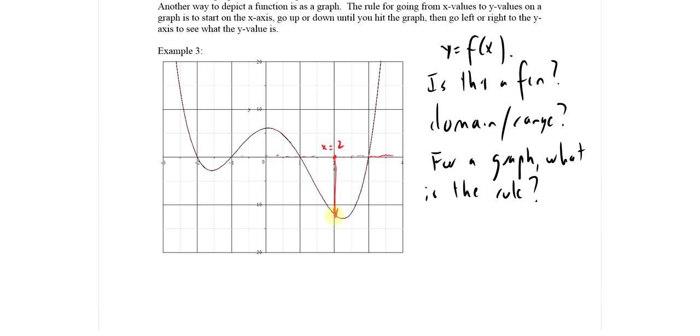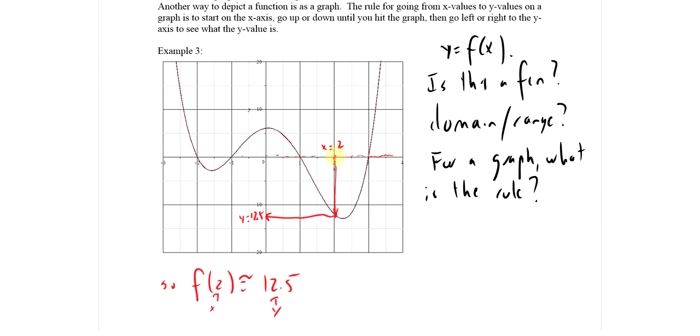There's a point on the function. And then you slide over to the y-axis. And this is 10, this is 15, this is 20, so maybe y equals 12.5. So f of 2 equals about 12.5. If I put in x equal to 2, I get out the corresponding y, 12.5.